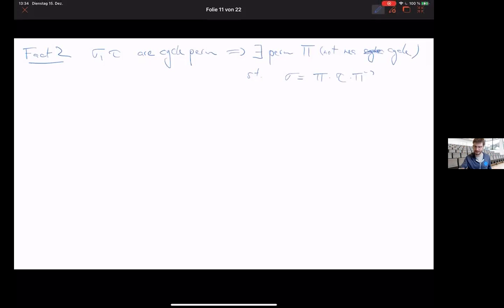In fact, this conjugation operation, multiplying from the left with some permutation pi and from the right side with pi inverse, gives group homomorphisms. In fact, these are the group automorphisms that I have in this group S5. So every cycle is sort of the image of another cycle under an automorphism.